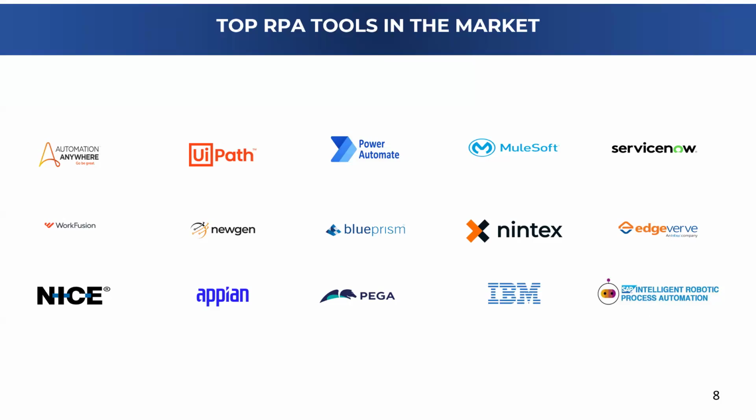SAP uses its old desktop application, then its new website, or we can say cloud-based feature. With the help of this IRPA, we can easily automate those kinds of applications because we are getting direct access to their backend. Okay, so I will cover this in detail in this session.